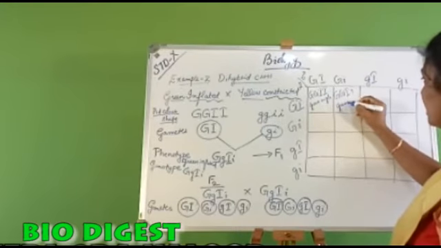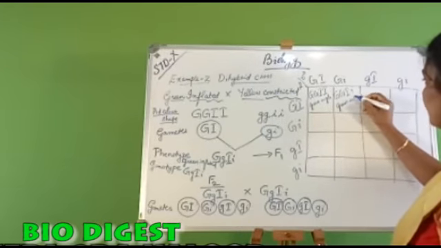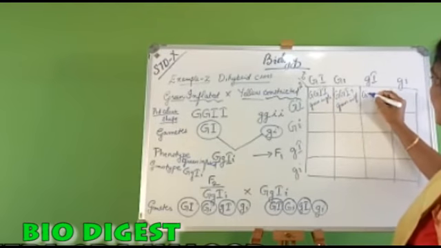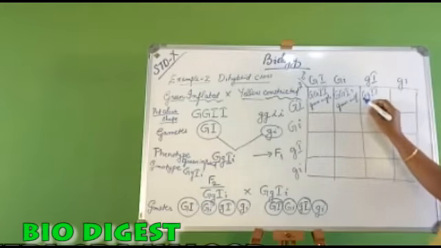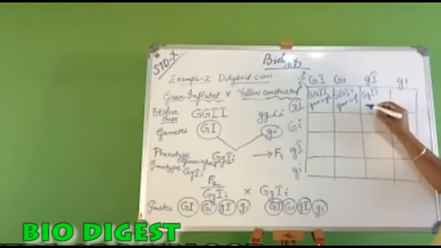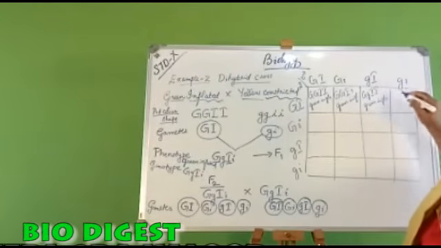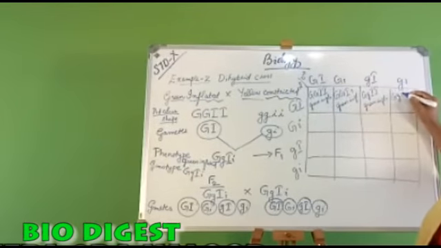Again green, capital I is there, so it is inflated. Next this and this. Capital G, small g, capital I, capital I. Even though small g is there, capital G is also present. So this is also green, inflated. Now this into this. So capital G, capital I, small i.